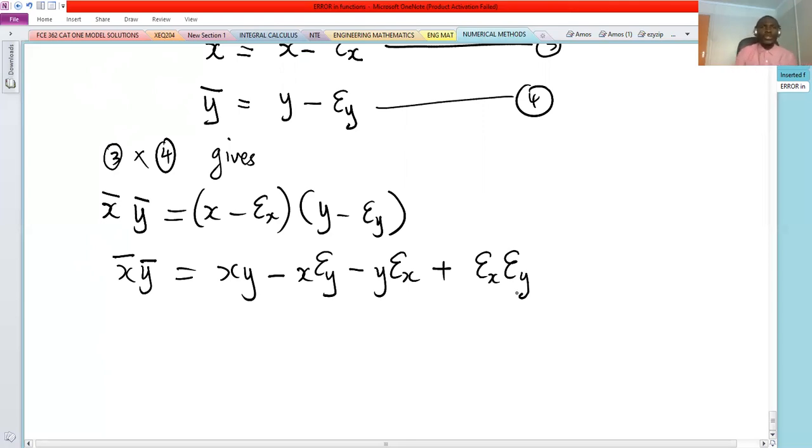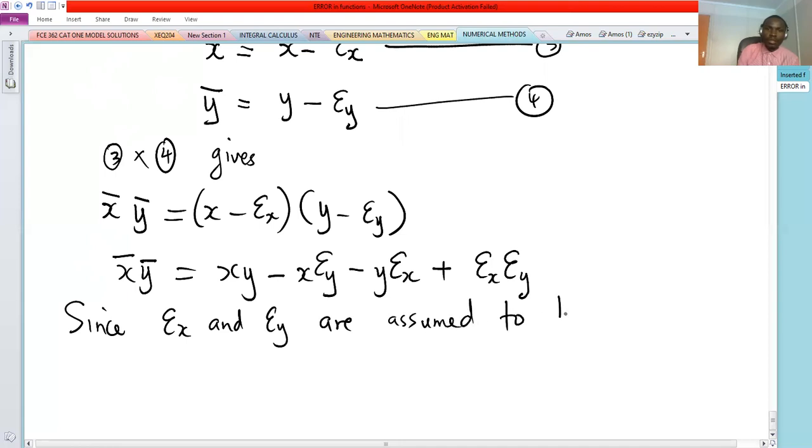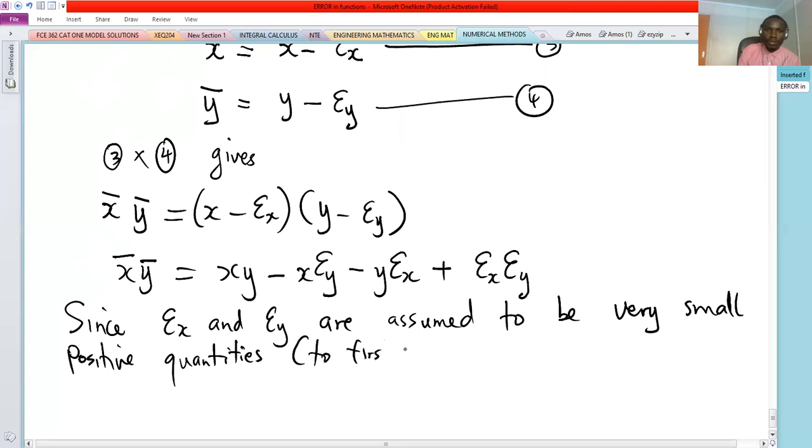Now remember, we are doing the approximation to first order. So since error in x and error in y are assumed to be very, very small positive quantities, we can say to first order approximation that the product of the error terms will give us 0.